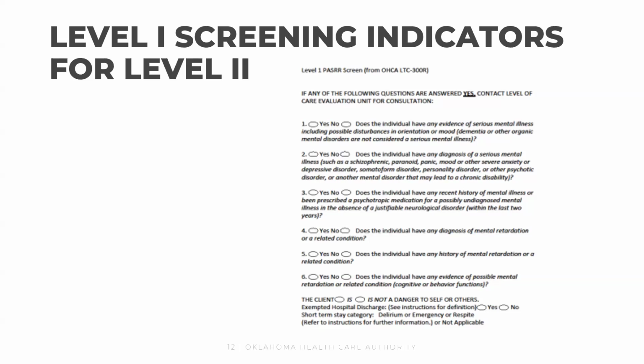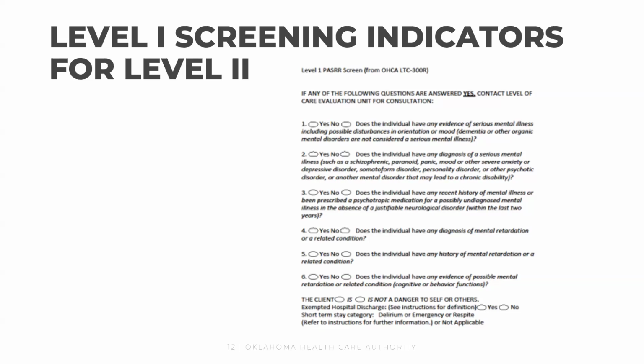The same thing goes for psychosis. Psychosis can be as a function of a diagnosis of a cognitive disorder like Alzheimer's or things like that. But it might be that they have a major mental illness. So again, if in doubt, mark yes, and that's something that we'll go over. Question number 4, does the individual have a diagnosis of an intellectual disability or a related condition?